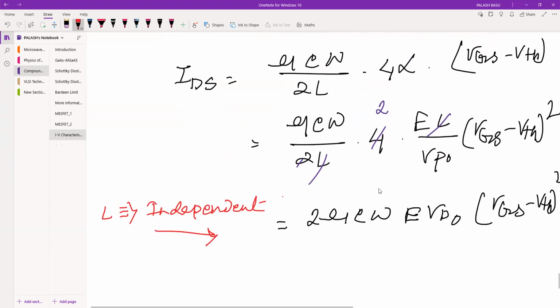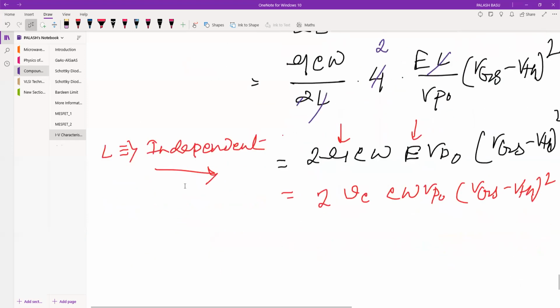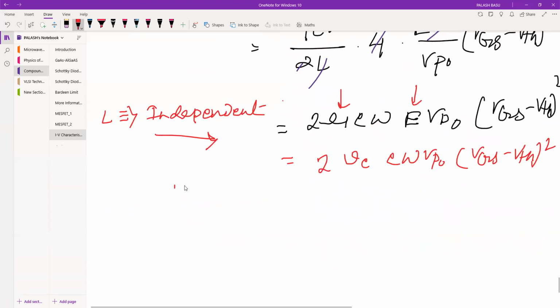It means what? So let me further modify. Here you have mu and you have electric field, so you can write C W and Vp0.